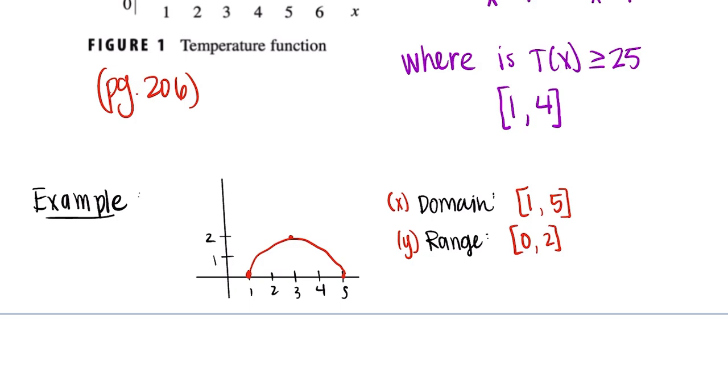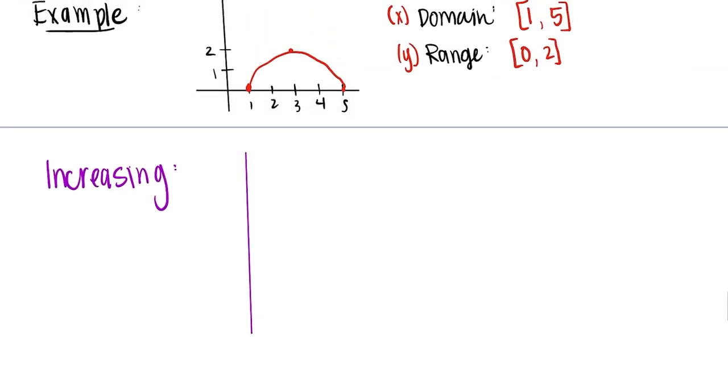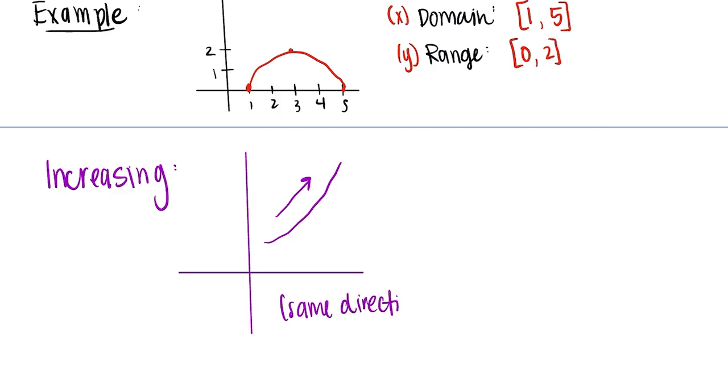Okay. Next thing we're going to look at is where is a function increasing and where is it decreasing. Increasing is where the graph is going up. I like to think about it as going the same direction as a positive slope. So here's some random graph. Increasing would be something like it's doing this direction, same direction as a positive slope.